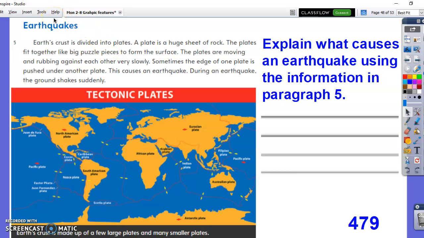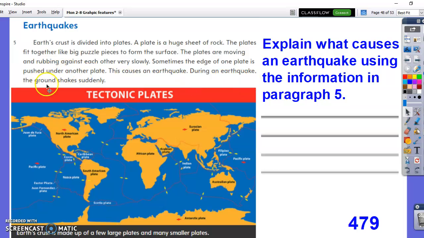Earthquakes. Earth's crust is divided into plates. A plate is a huge sheet of rock. The plates fit together like big puzzle pieces to form the surface. The plates are moving and rubbing against each other very slowly. Sometimes the edge of one plate is pushed under another plate. This causes an earthquake.